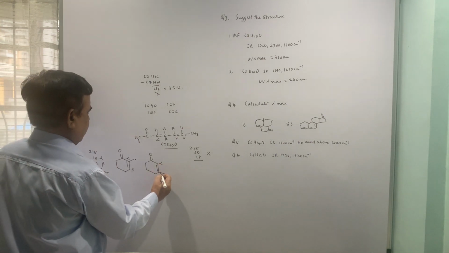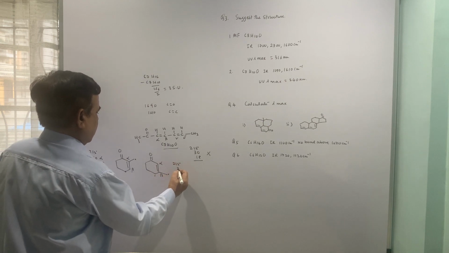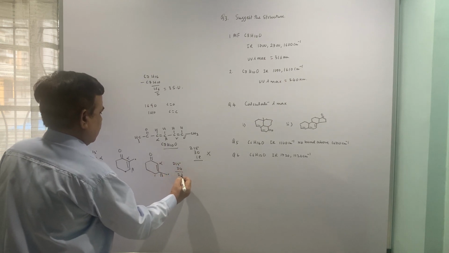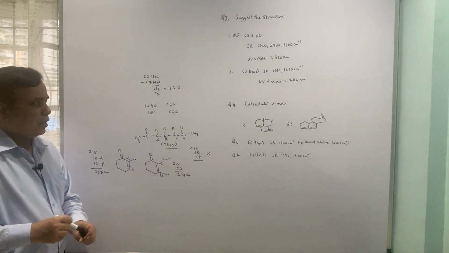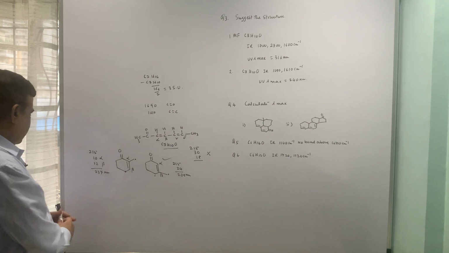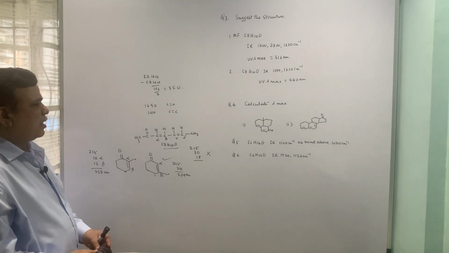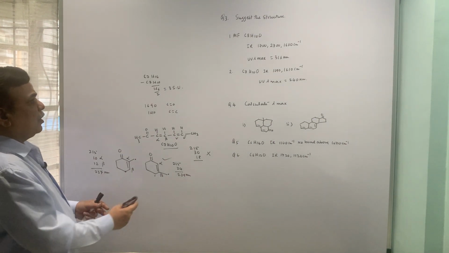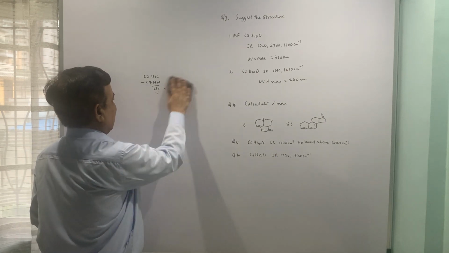Here alpha beta 215, and this looks close because 239 and 240, plus or minus 1 is always allowed, that much error is allowed. So this is the structure of the second molecule.